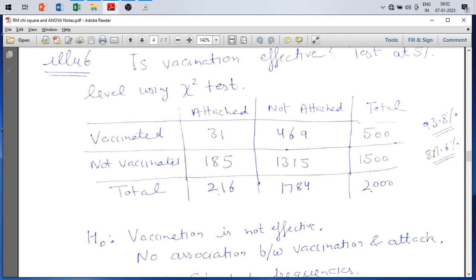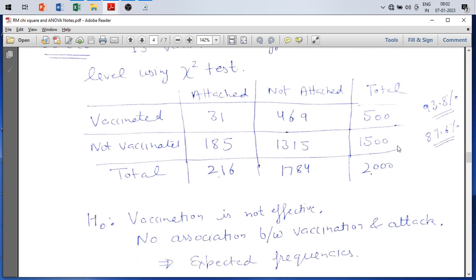So by looking at the numbers, we can see that around 94% of the vaccinated people were not attacked, whereas only 87% of the not vaccinated people were not attacked. So it looks like the vaccine is somewhat effective, but we need to do the chi-square test at 5% level of significance for our conclusion.